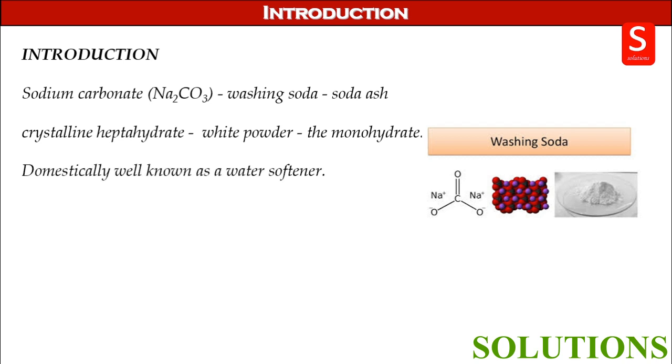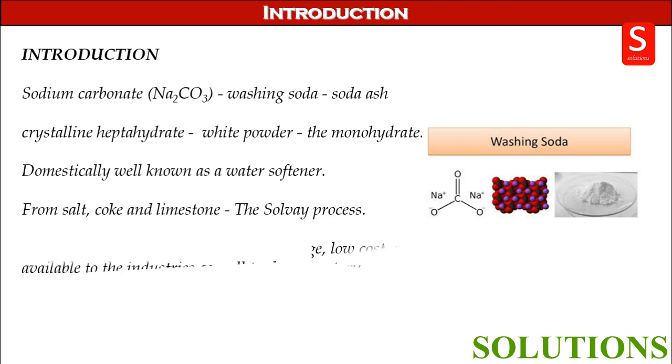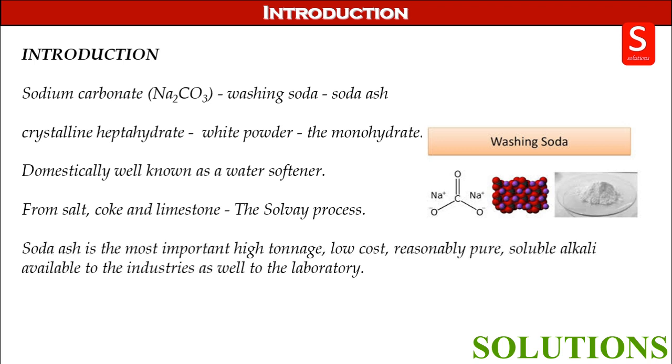It is domestically well known as a water softener. It is manufactured from salt, coke, and limestone through the Solvay process. Soda ash is the most important high tonnage, low cost, reasonably pure, soluble alkali available to the industries as well as to the laboratory.